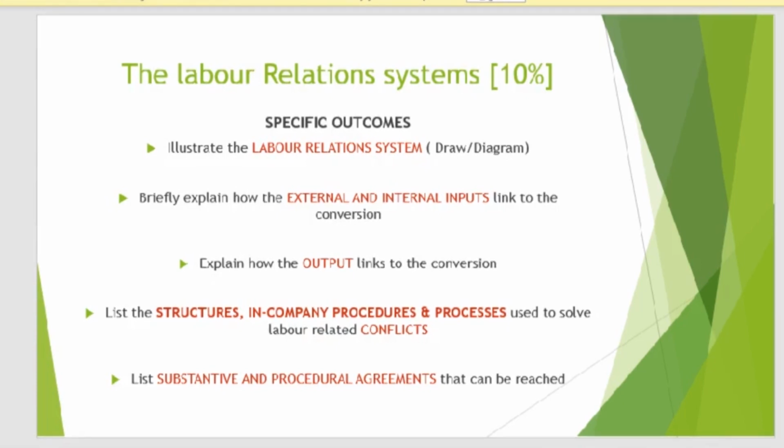You must also be able to briefly explain the link between external input and the internal input. Then, at the end, you must be able to look at the output and make a list of the structures, the procedures and the processes that are found when you are dealing with labor relation issues or solving labor related conflicts.